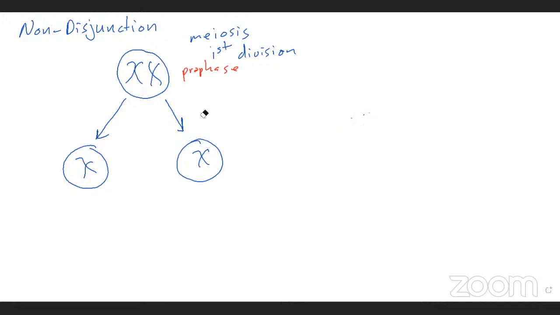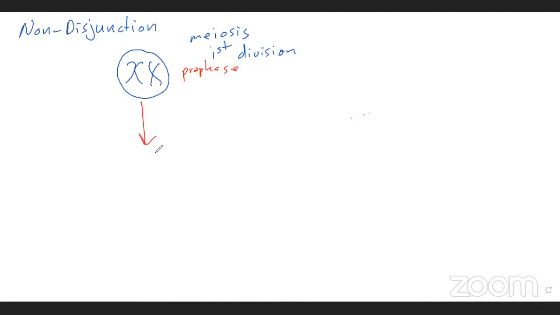What I was expecting you to tell me quickly is that they line up at the equator, the spindle fibers attach at the centromere and pull the homologous chromosomes apart. But if you don't remember, let us just do it quickly. So after prophase, what should happen in this cell?